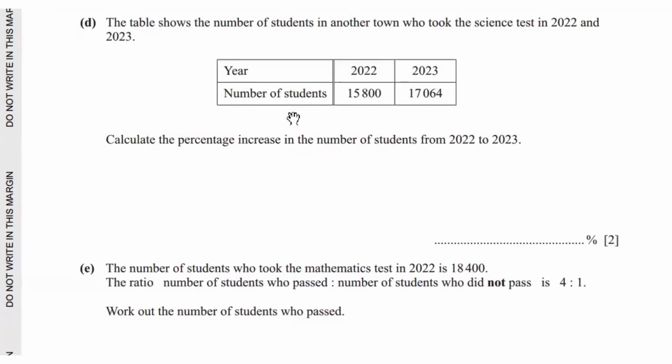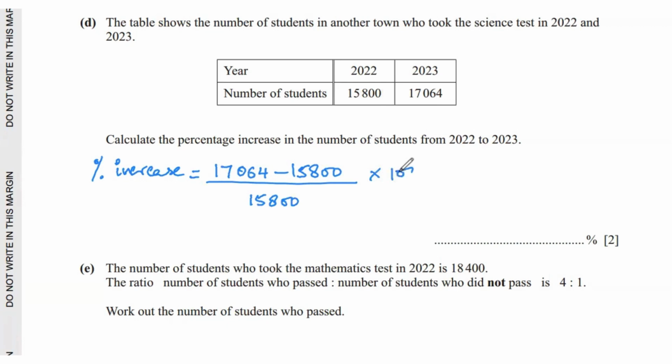This table shows the number of students in another town who took the science test in 2022 and 2023. Calculate the percentage increase in the number of students from 2022 to 2023. So for the percentage increase, we'll do 17,064 minus 15,800 divided by 15,800 times by 100.